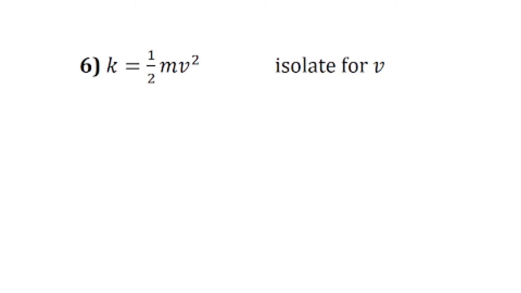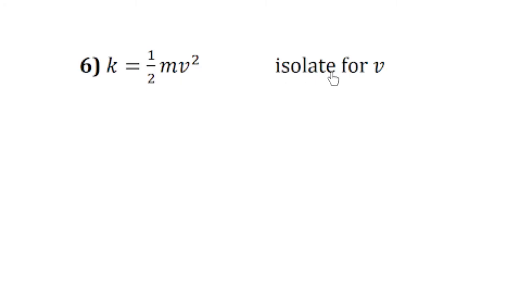All right, here's a formula that actually does have a fraction built into the formula or into the equation. So we've learned how to solve equations with fractions, and so the same rules are going to apply here. So in this equation, we are told that k is equal to 1/2 multiplied by m multiplied by v squared.